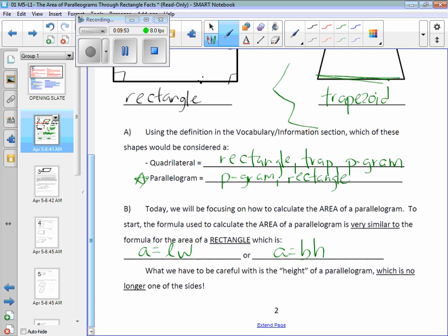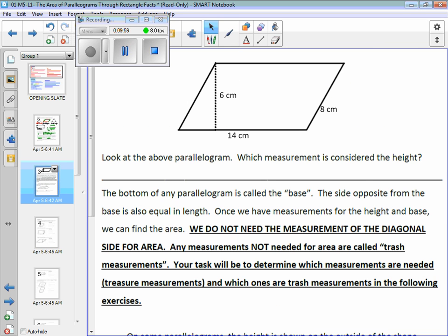Before we get to that, I had one person in period 2 that was able to see this. Some of you who are really good visual learners, it's spatial relations. In this particular parallelogram, do you see the rectangle? And where do you see it? Good. What about on the side?